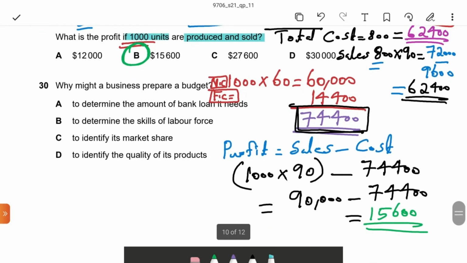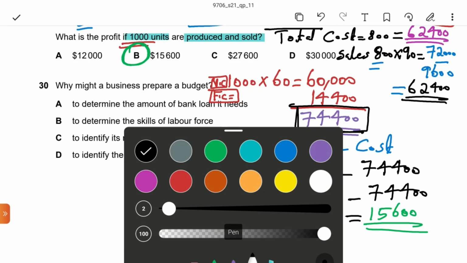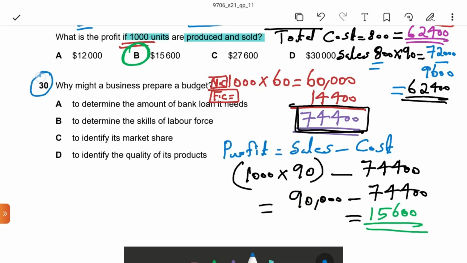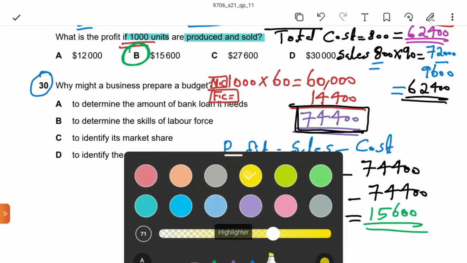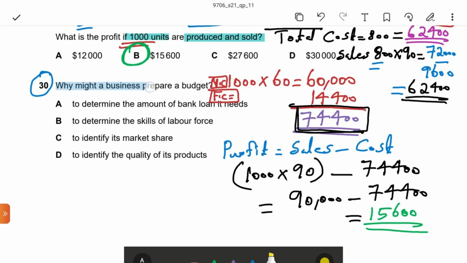The last question, question number 30. Why might a business prepare a budget? To forecast the future. Budget is the estimation of finance, right? So, what is the correct answer? To determine the amount of bank loan needs, to determine the skills of labor force.